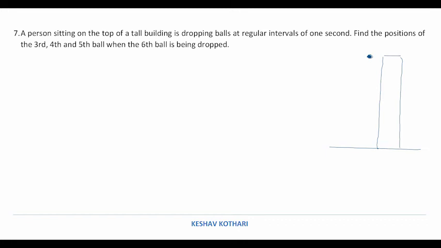So now the sixth ball is being released and we are asked to calculate the position of fifth, fourth and third ball. So the fifth ball has traveled for the least duration, that is for 1 second. If the sixth ball is being released, if this is the sixth ball, then the fifth ball must have traveled for 1 second time. So this is the fifth ball. So we are calculating the position for the fifth ball first.